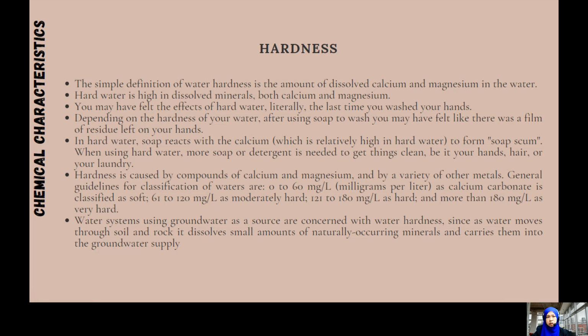The general guideline for classification of water is 0 to 60 milligrams per liter as calcium carbonate, classified as soft. If the range is between 61 to 120 milligrams per liter, it is moderate, and moderately hard is between 121 to 180 milligrams per liter of hardness.